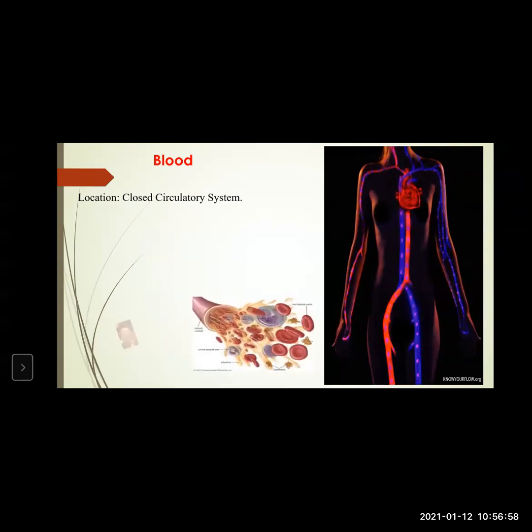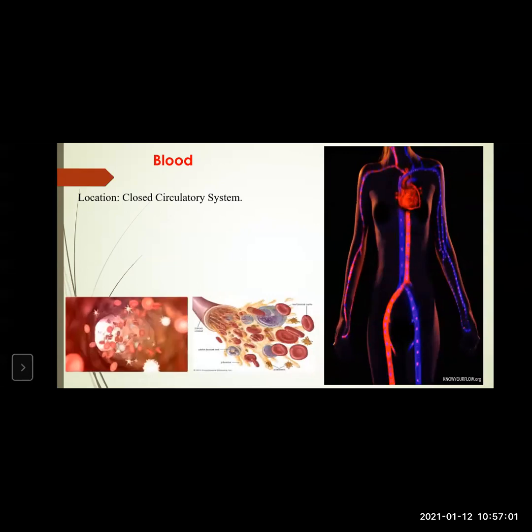Now, what is the composition or structure of the blood? See, in this you can see the different types of cells. This yellow colored is the plasma, that is the liquid matrix. These red colored are the RBCs or red blood cells. Then you have this whitish color, that is WBCs, white blood cells, which help us in fighting against any kind of infection.